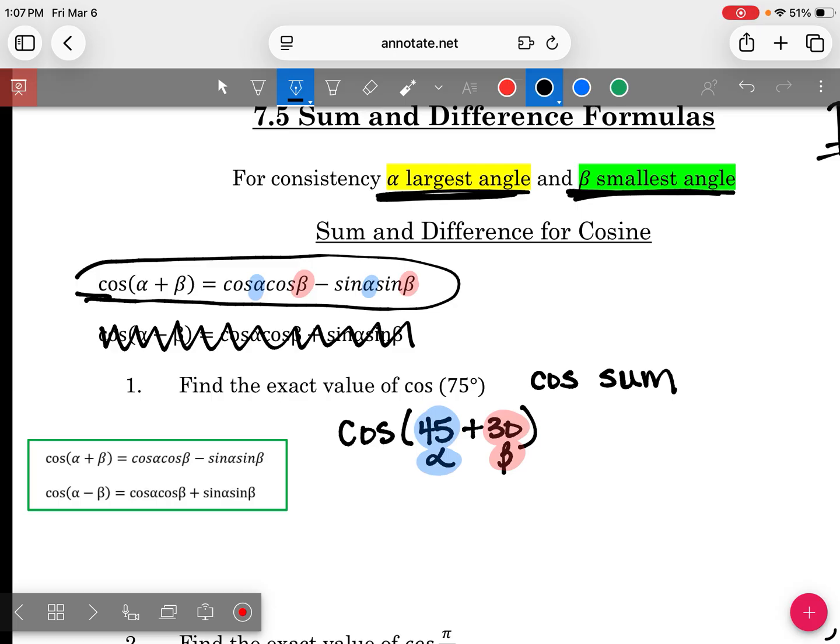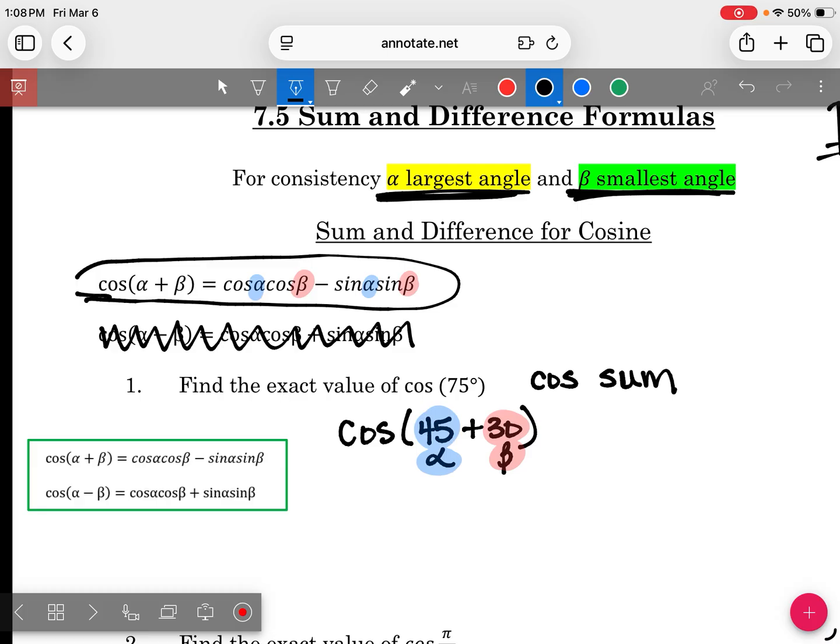So we have the cosine of 45. Now, it doesn't have to be this way, because would you agree that 30 plus 45 is the same as 45 plus 30? But I want us to be consistent. So we're always going to pick the bigger angle and call that alpha.